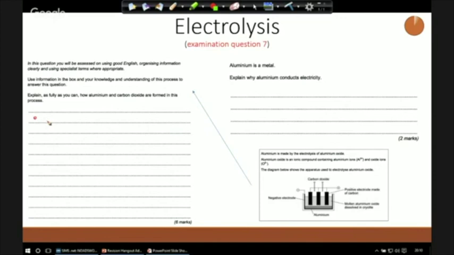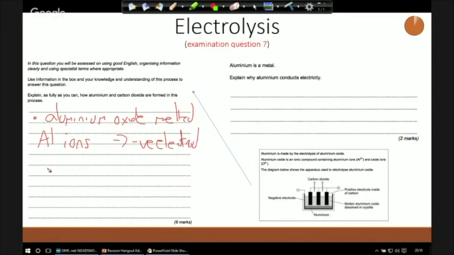Well, the first mark is from you saying, essentially, we need to melt our aluminium oxide. We're then going to say that our aluminium ions are going to be going to the negative electrode. We're then going to have the following.